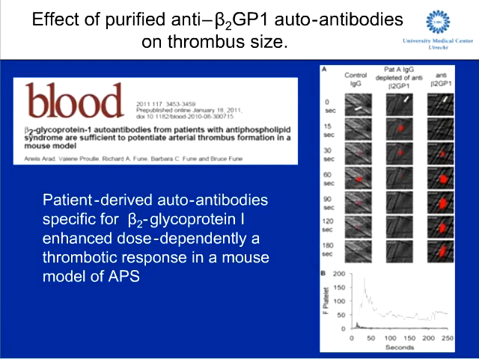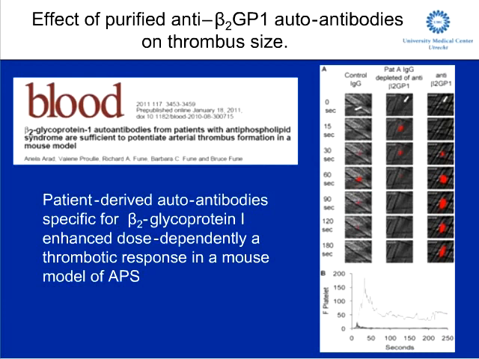But if you injected antibodies specific for beta-2-glycoprotein 1, the response on thrombotic complications is much stronger. And if you take patient IgG depleted of anti-beta-2-glycoprotein 1 antibodies, the thrombotic response is not there. For me, this indicates that antibodies against beta-2-glycoprotein 1 are important for the thrombotic risk.